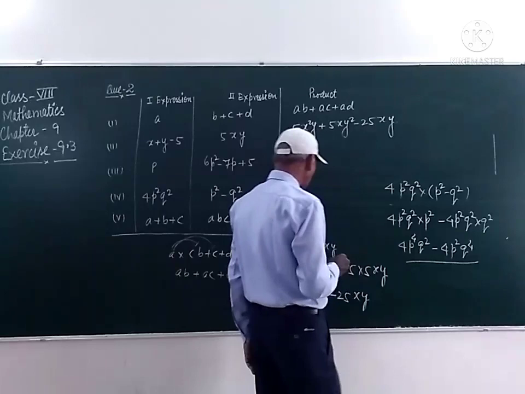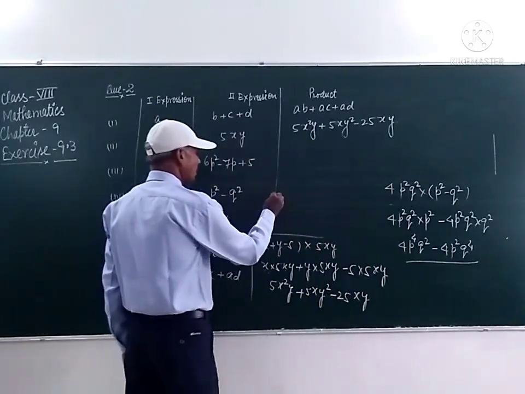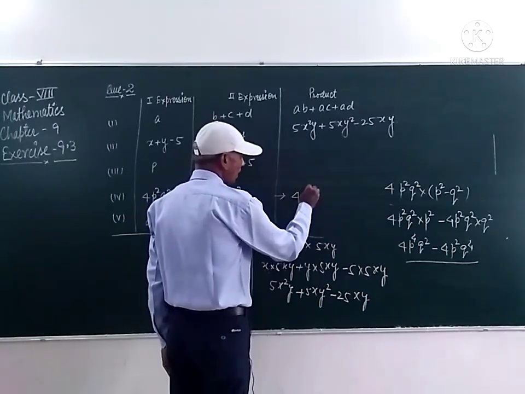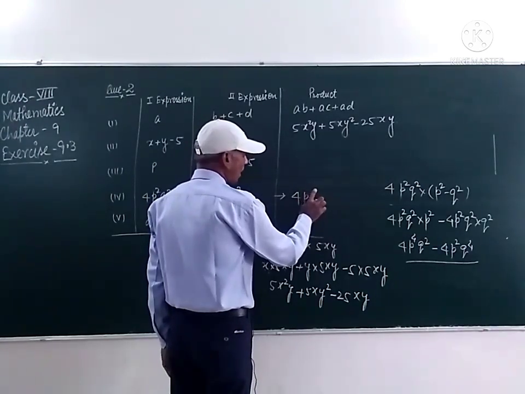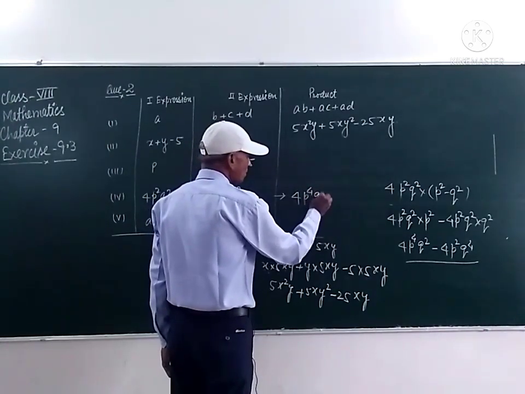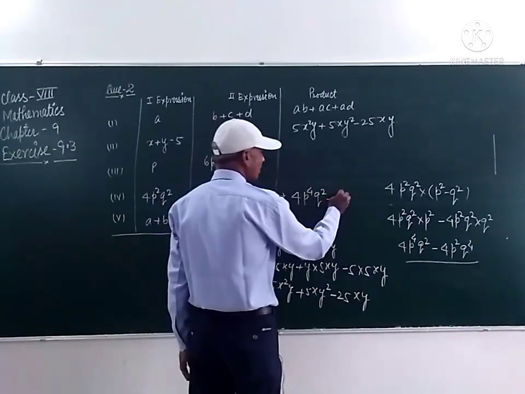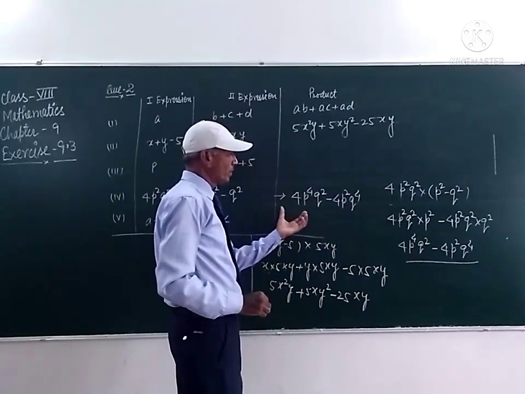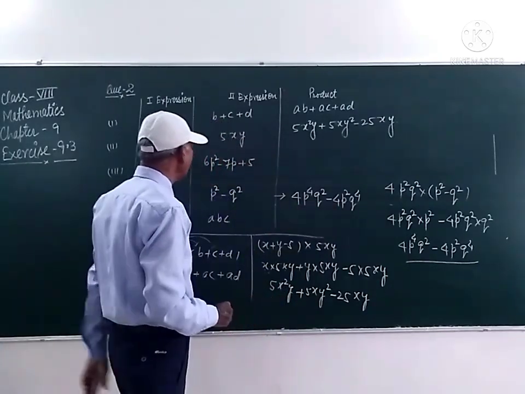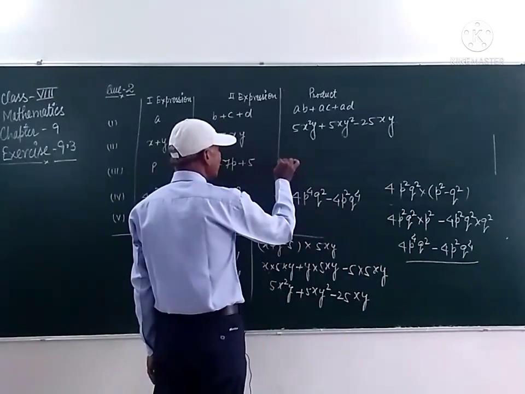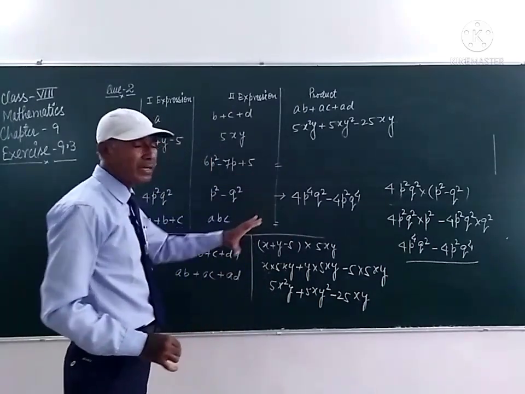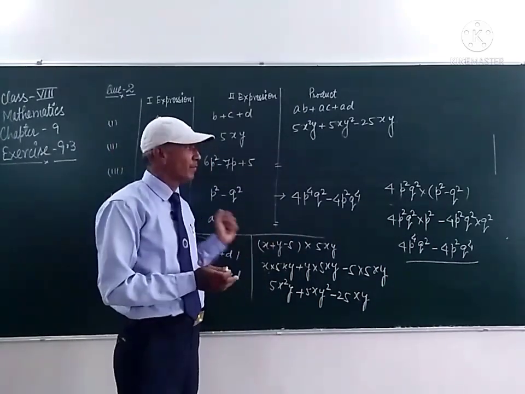This is the product of this part, student. So it will be 4p to the power 4 q square minus 4p square q to the power 4. This one is the answer. And this part, student, the third and last part, you have to do yourself.